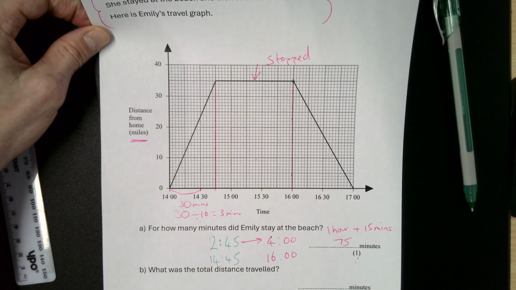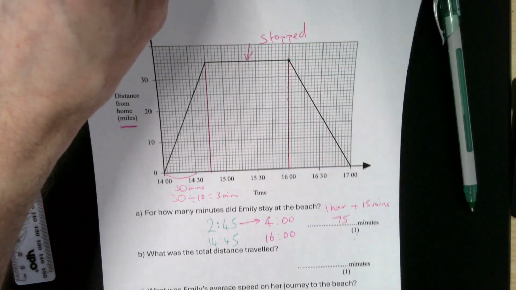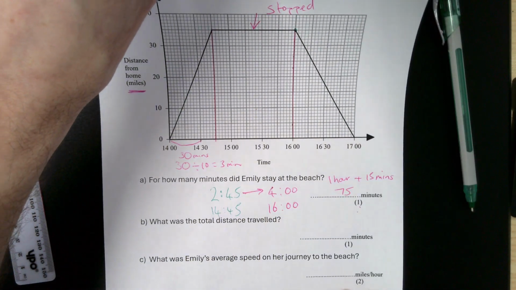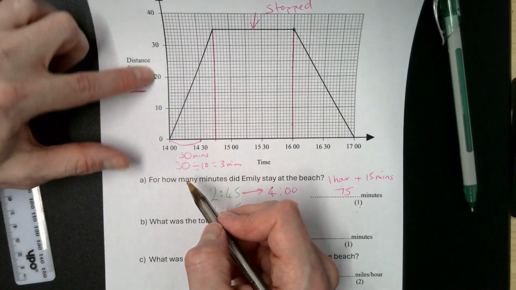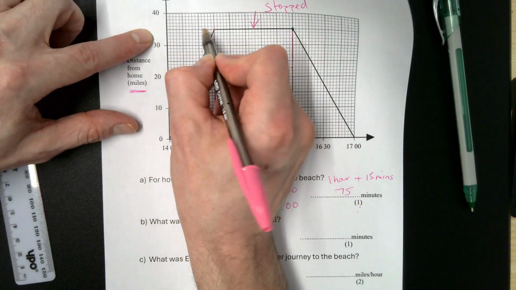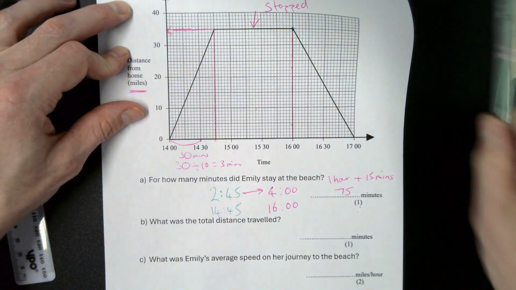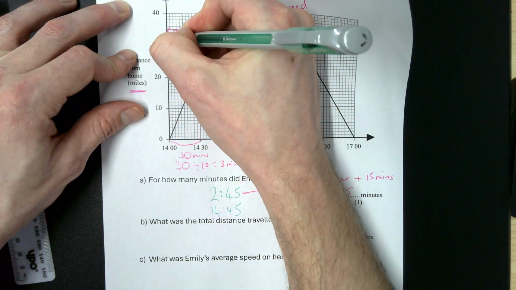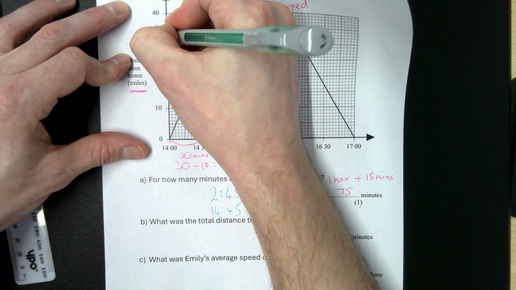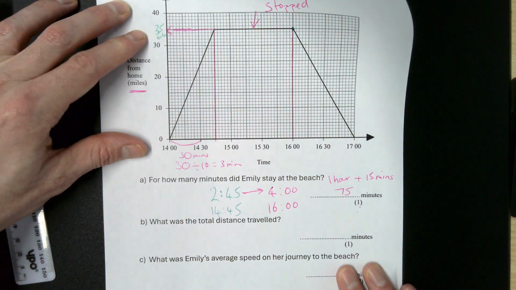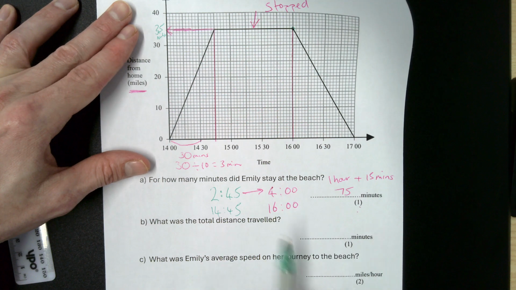Okay, so question B. What was the total distance travelled? Now we can see here, you start off at 0 miles and you go up to this line here. Alright, it's 30, 1, 2, 3, 4, 5. So it's 35 miles to the beach. Okay. Now it asks for the total distance travelled.